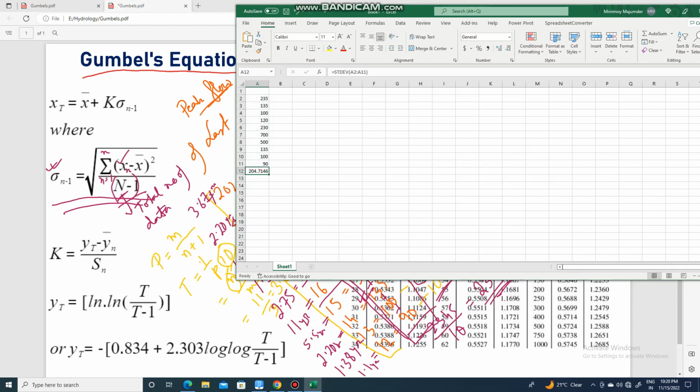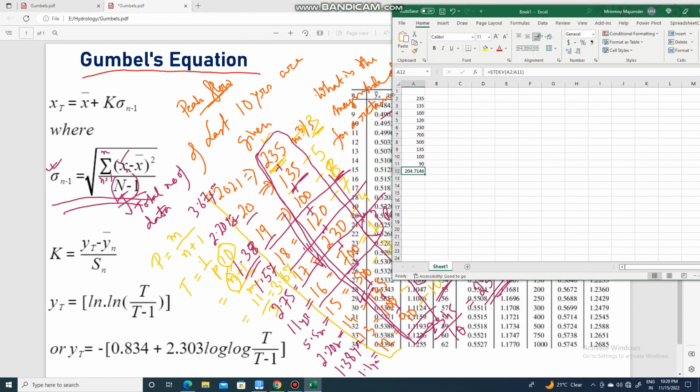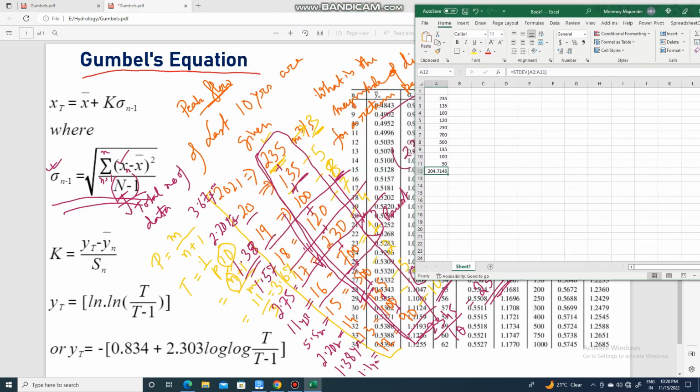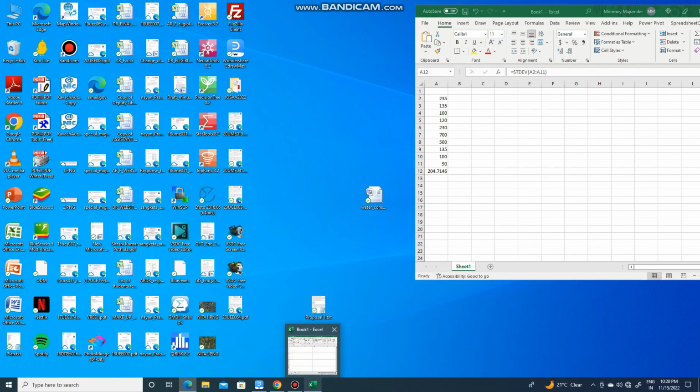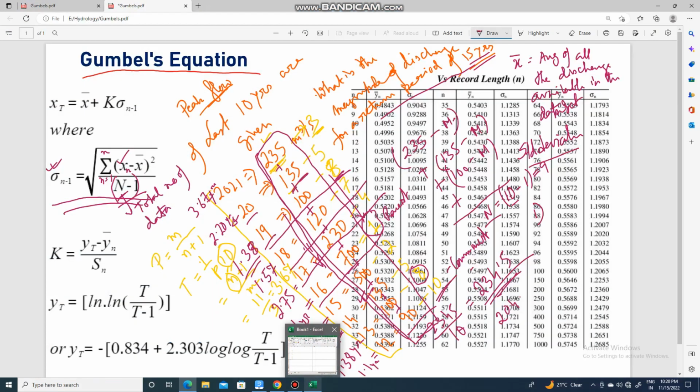So this is your standard deviation, 204.7146. The third digit after the decimal is less than 5, so I can say 204.71.